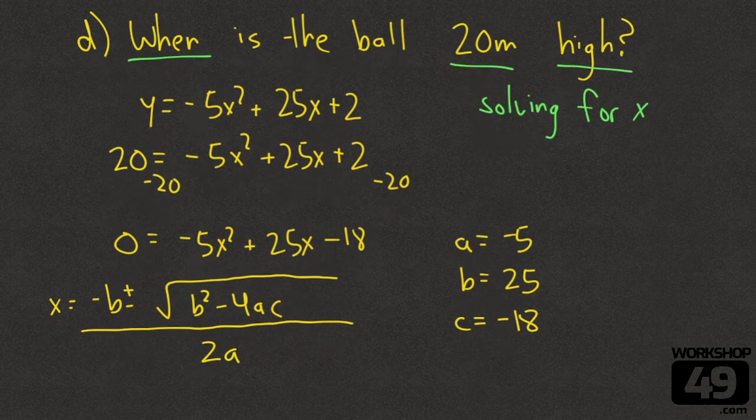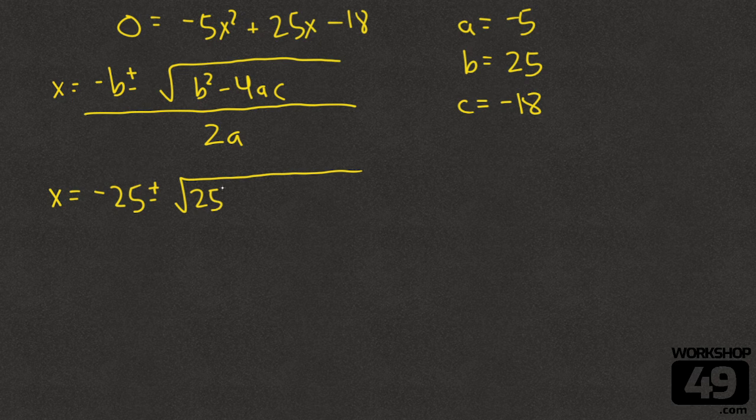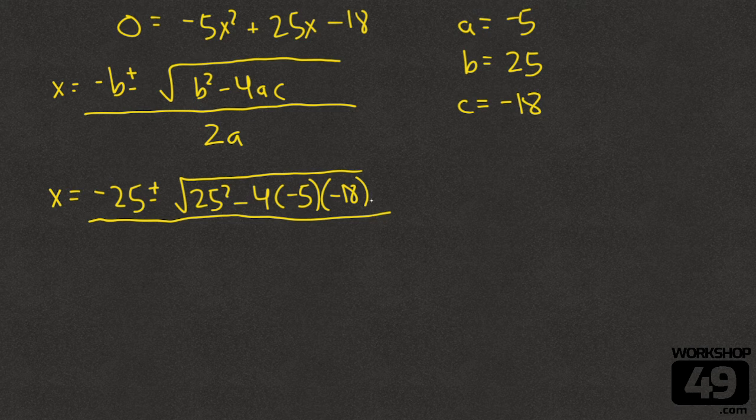So let's go ahead and fill in some values. x equals the negative of our b value, negative 25, plus or minus the square root of 25 squared minus 4 times our a value, which is negative 5, times our c value, which is negative 18, all over 2 times our a value, which is negative 5.